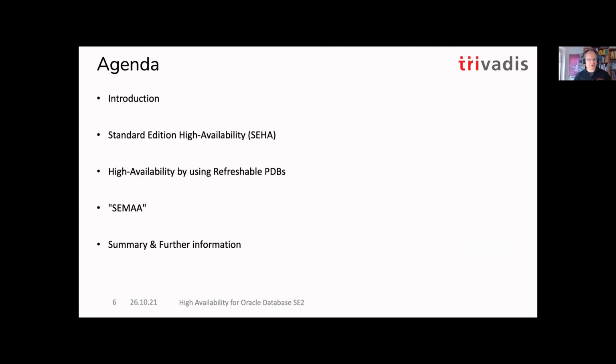Then putting both things together, Standard Edition Maximum Availability Architecture, not to be compared with Maximum Availability Architecture because there are some restrictions and it's not one-to-one the same, but that's basically what you can do with Standard Edition 2. And at the end, of course, a summary and some links to documentation, notes, and blog posts.